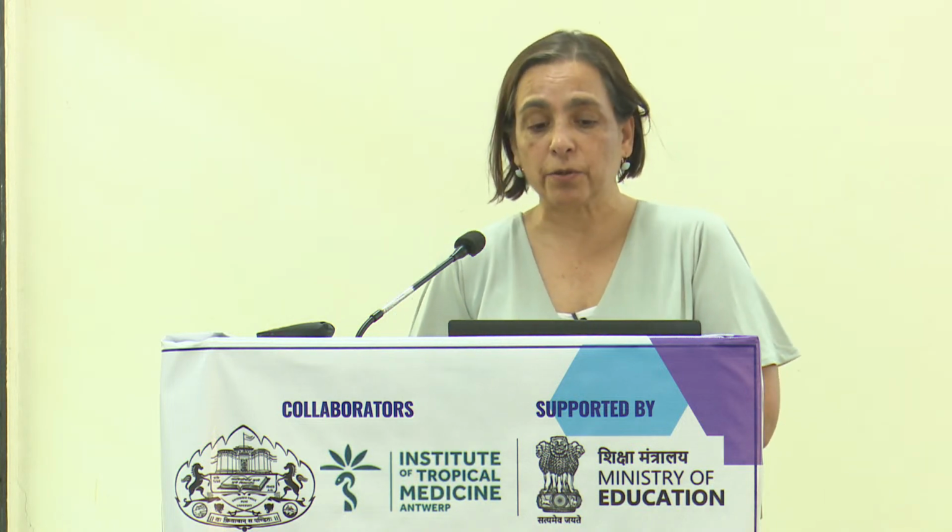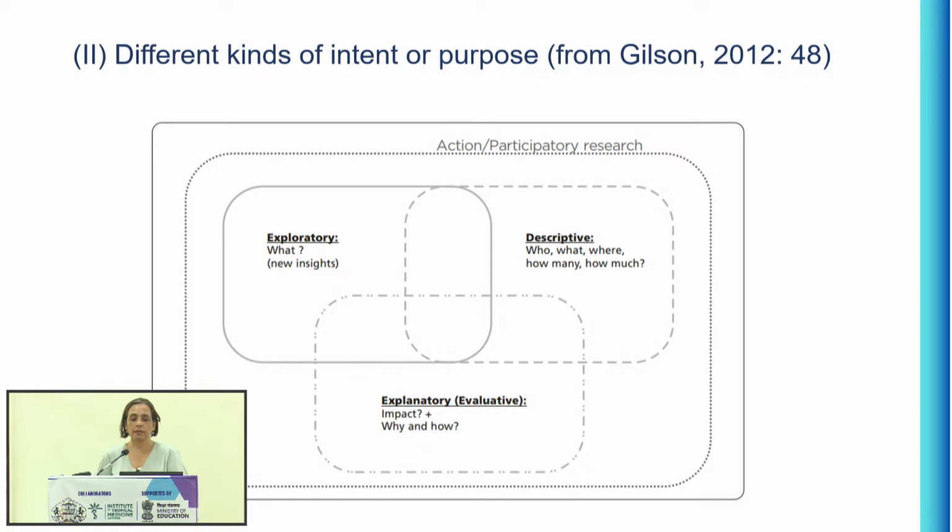An explanatory study is when you have an idea of what's happening, you've done a descriptive study, and you have analyzed some of that data, and it is showing some interesting patterns or relationships across variables.